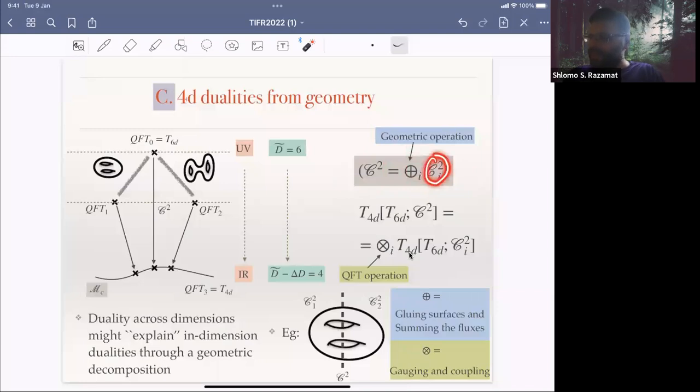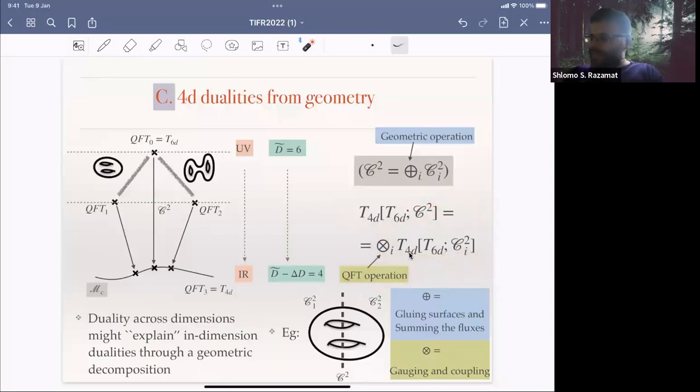And if we understand the cross-dimensional duals of the components, then the following statement holds. The cross-dimensional dual of a theory, when we compactify some 6D theory on a certain Riemann surface, is given by something which I call here a product of 4-dimensional theories corresponding to the pieces. And by this product, I mean some QFT operation, superpotentials, gauging, and so on that we discussed before.